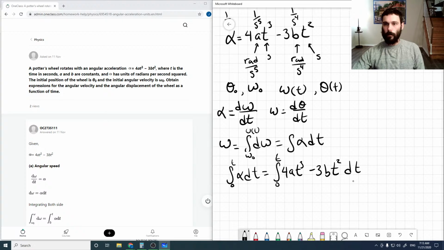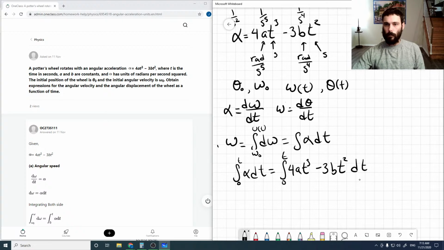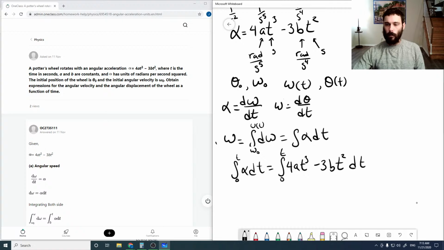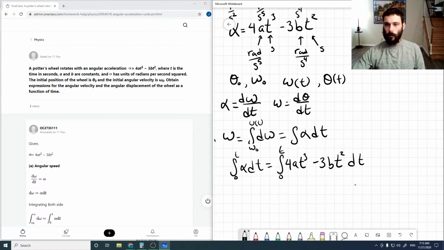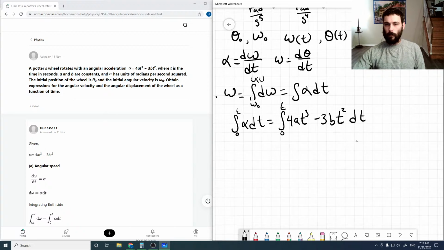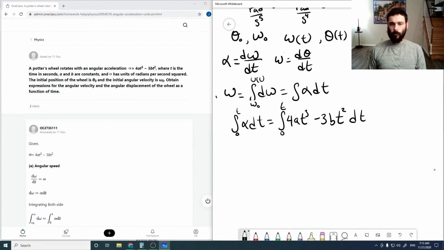I'm just going to migrate this. 4 and a are constants, so they can come out front. And since this is a sum, we can split it up. So integral 0 to t of t cubed dt minus 3b integral t squared dt. And the power rule is you add 1 to the power and then divide by it.